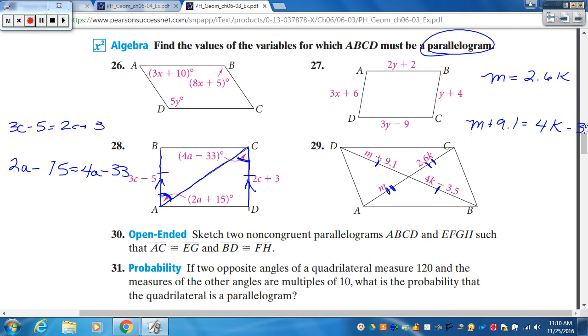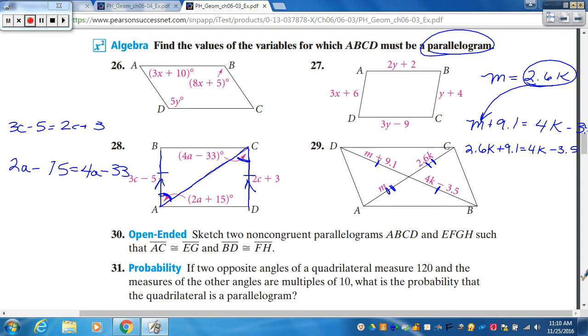Okay? Now what can we do? Well, the good thing is that the textbook's already simplified the one equation for you. You've already got M by itself. Let's just go ahead and plug it in. So if we do that, 2.6k plus 9.1 is equal to 4k minus 3.5.